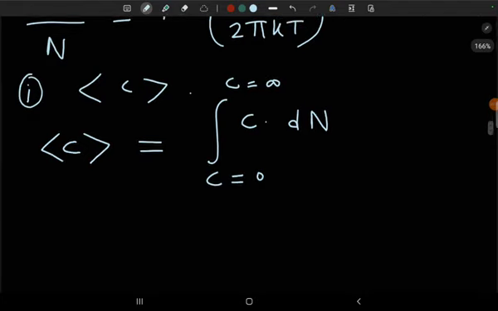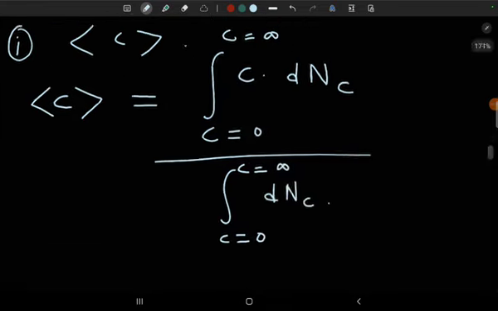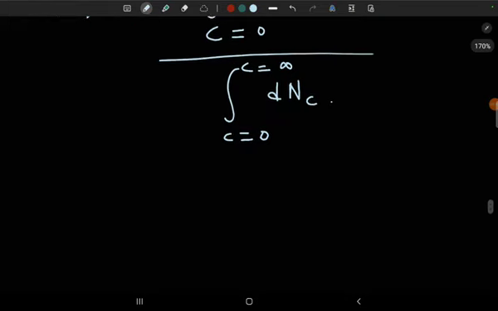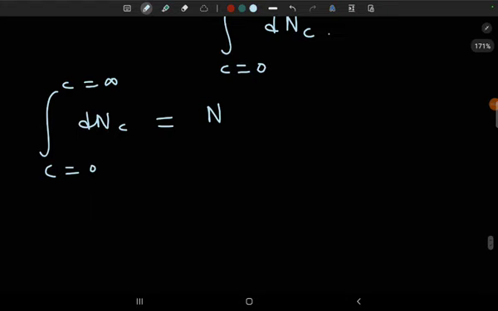For the normalized speed distribution, the integral of dN_c from 0 to infinity was actually equal to N, and we can show this from our previous videos.